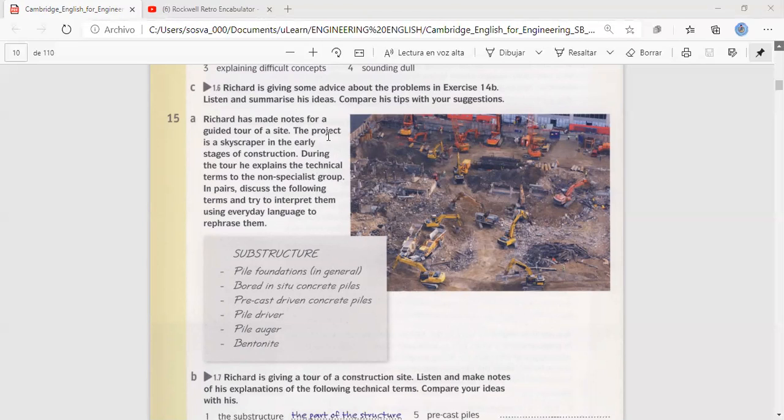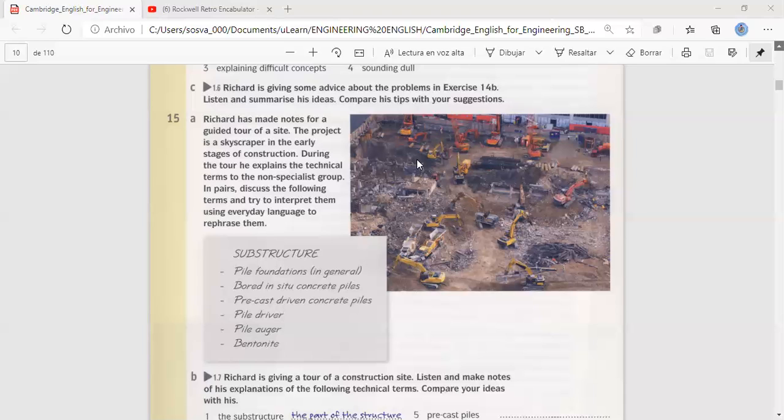Okay, were you able to understand the advice or the ideas that he had? Exactly. So what can you tell me in a summarized idea about these tips or about the situation of these problems? Well, he talked about technical concepts, giving explanations with good technique, in comparison between two concepts.